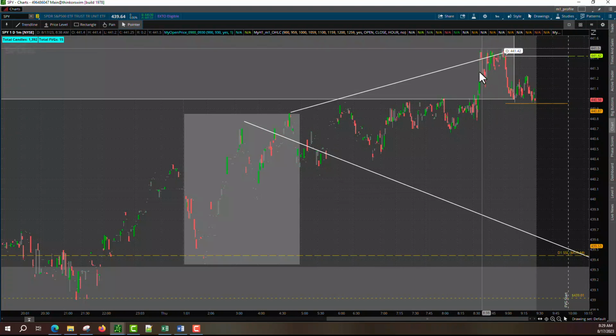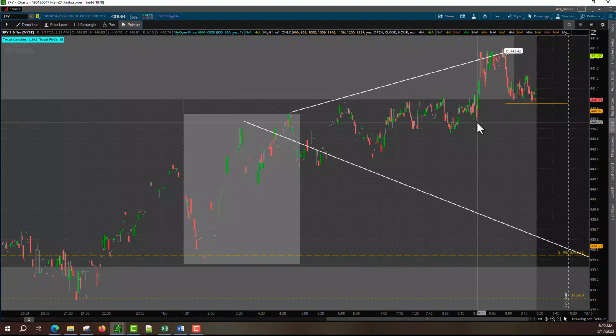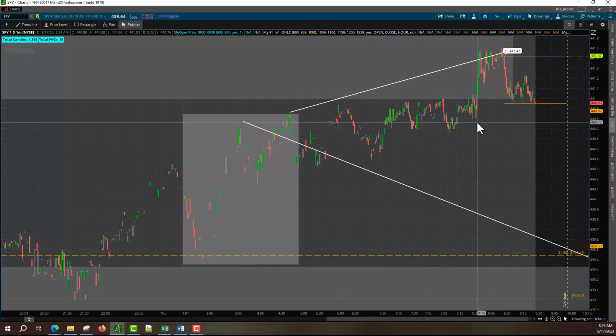So look at this range. We want it to break out of this range so we can know what the next move is going to be. Yep, let's see.